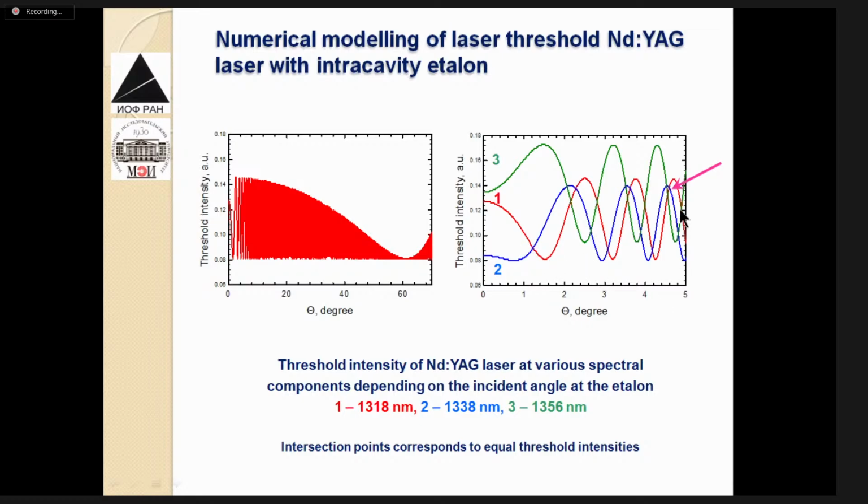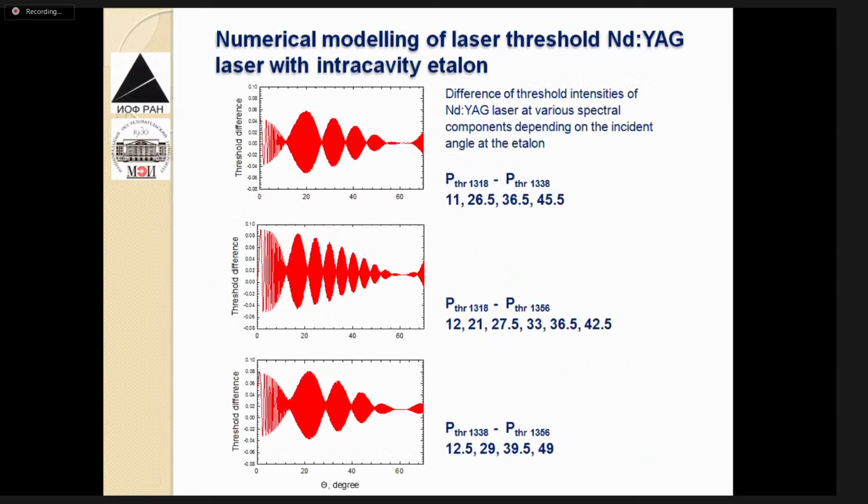Anyway, there is, for example, the point at about 4.5 degrees where the three wavelengths cross, so three wavelength operation can be obtained in this case.